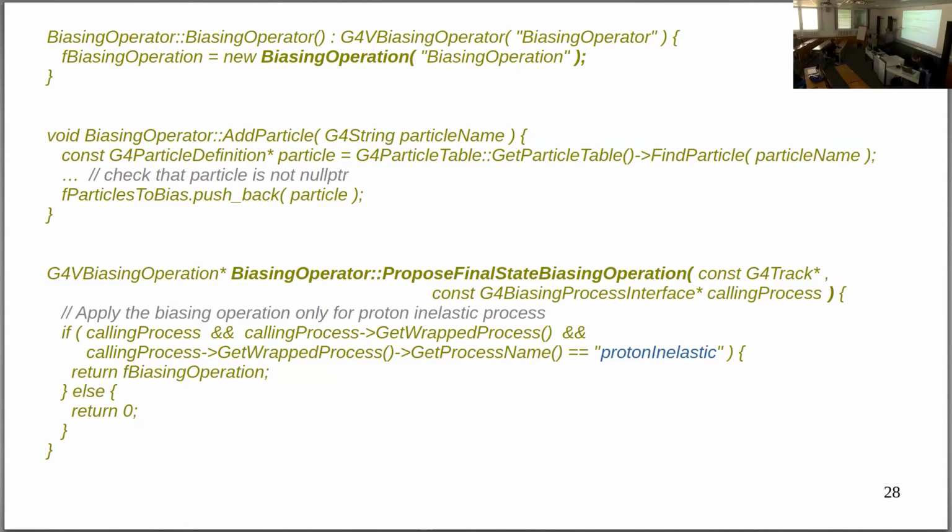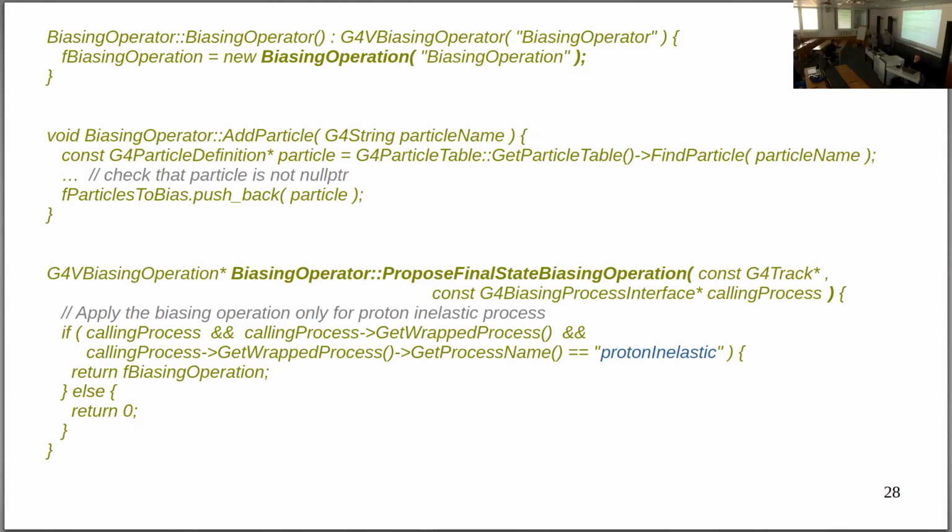Here in this ProposeFinalStateBiasingOperation, basically, we check whether we are dealing with proton inelastic. Instead of using the proton inelastic which comes with the FTF BERT physics list, we return our biasing operation.